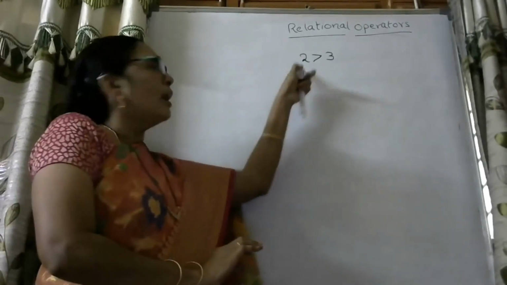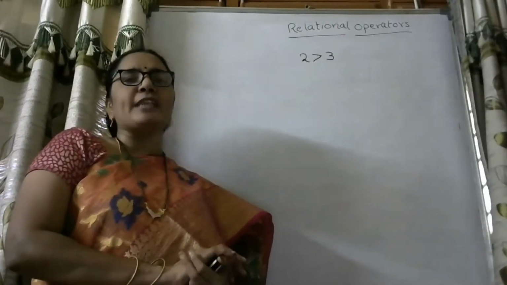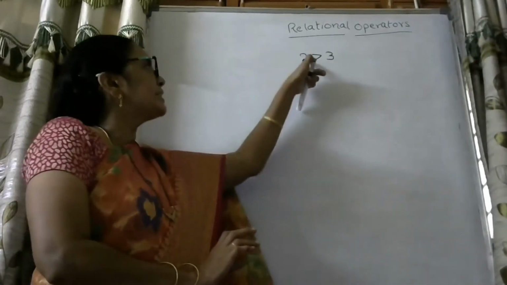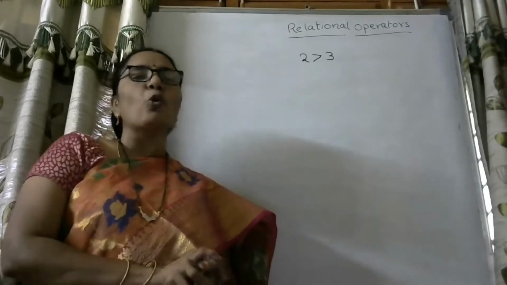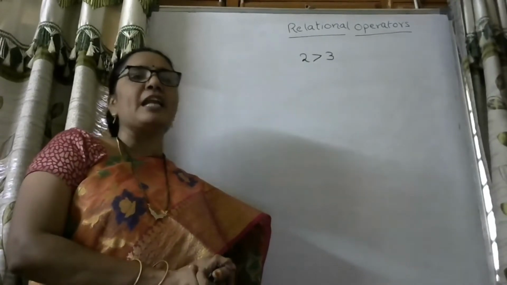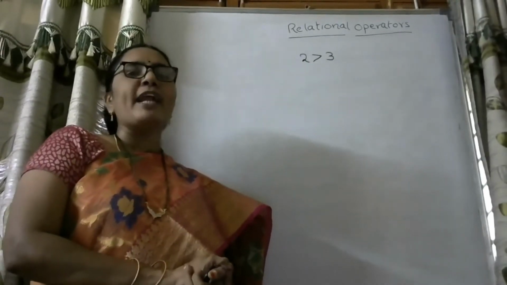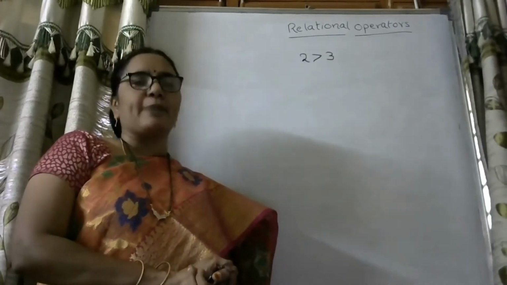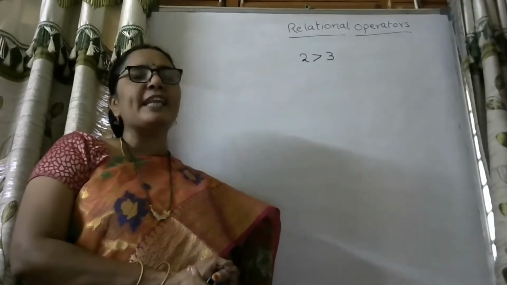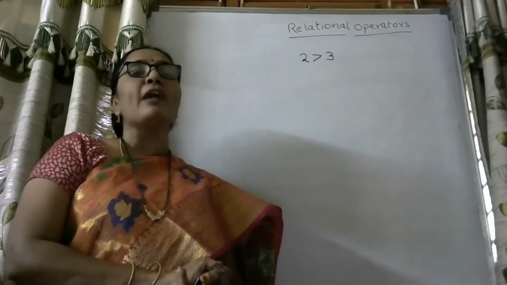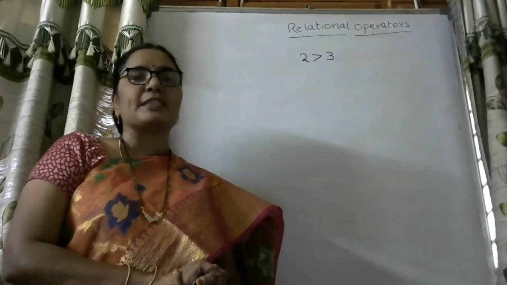Here the inputs to the relational operator, that is greater than, are 2 and 3, which are the numerical literals, and when I try to compare 2 with 3, is 2 greater than 3? No. So the result will be false, which is a Boolean result.